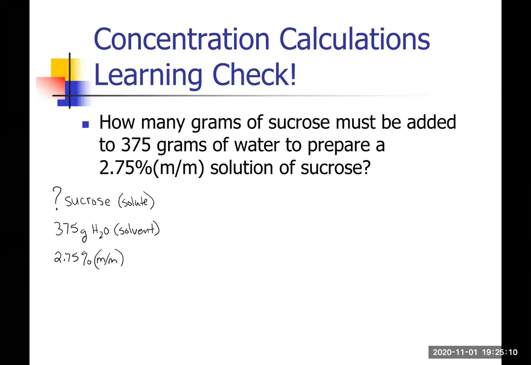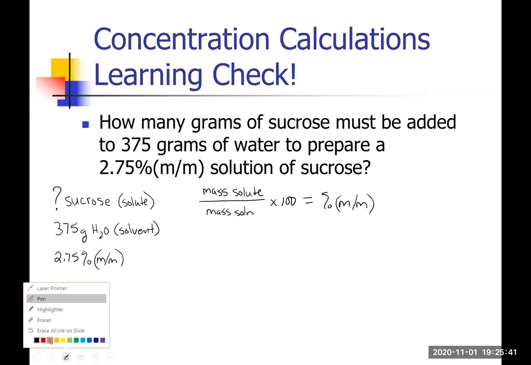I also know, though, that I need the mass of the solute over the mass of the solution times 100 to get the percent mass by mass value. And I know that in this problem, my percent mass by mass is equal to 2.75.